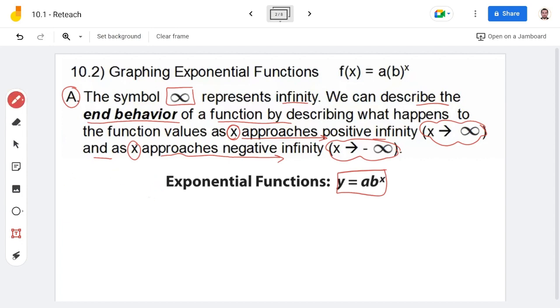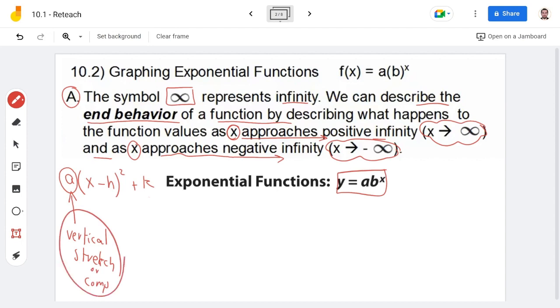If I ask you a different question, a times (x minus h) to the power of 2 plus k, what does the part a do to your function? A is a vertical stretch or a compression, right? So this is what a does to your function. And you know that h and k are the center of your function.